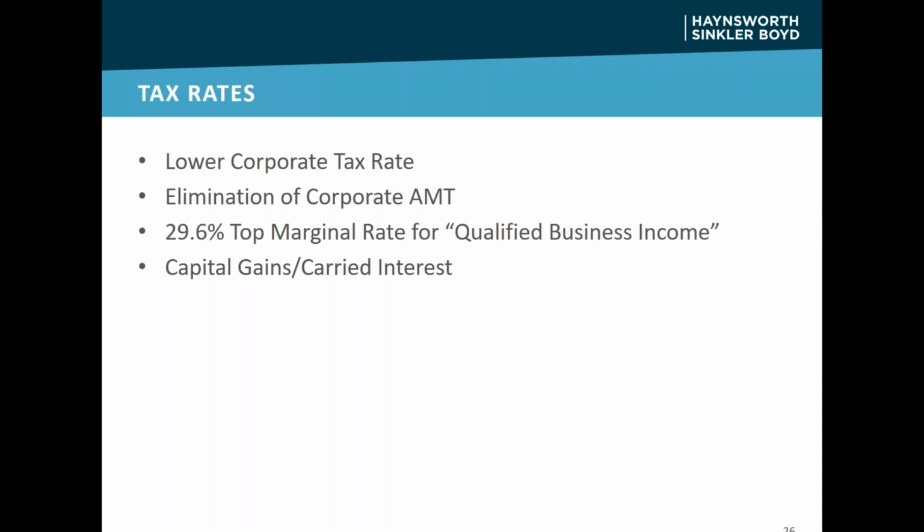And of course, like pretty much everything else in the Internal Revenue Code, there is a limit on the deduction, and the deduction is limited to the greater of 50% of the taxpayer's share of W-2 wages that are paid to employees of the qualified trade or business, or the sum of 25% of W-2 wages and 2.5% of investments in qualified property.